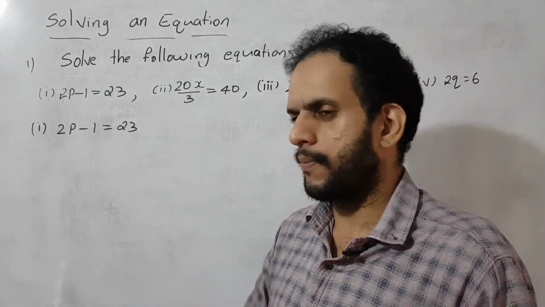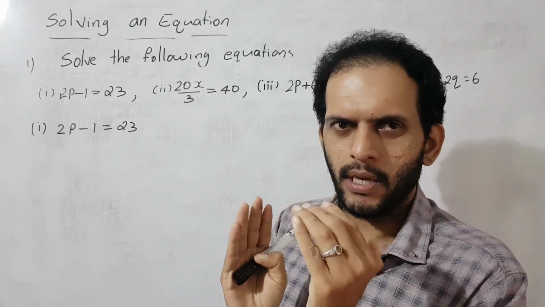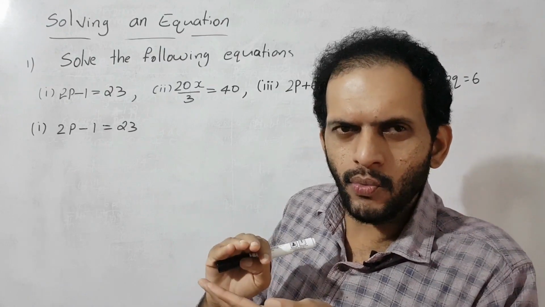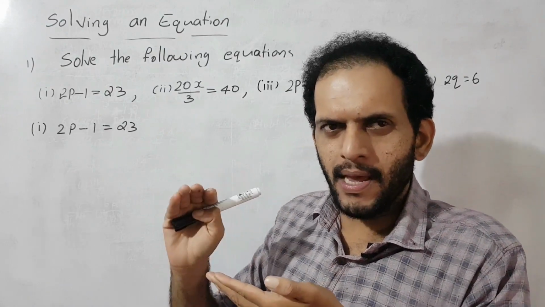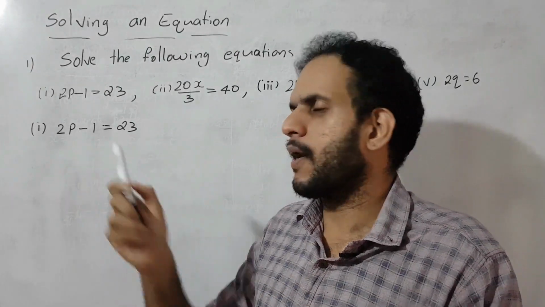We are subtracting. The term without the variable is being subtracted from the term with the variable. So to remove the 1 from there, we do the opposite operation of subtraction.